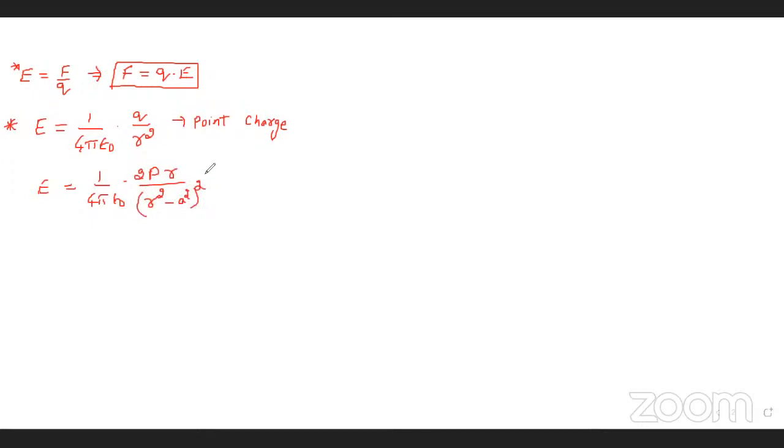Actually, this is the electric intensity for the dipole. If it is a short dipole, then we can write this as 1 by 4 pi epsilon naught into 2p by r cube for short dipole. So this is the electric field on the axis of dipole.